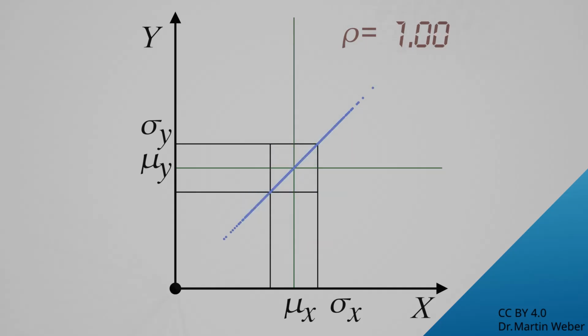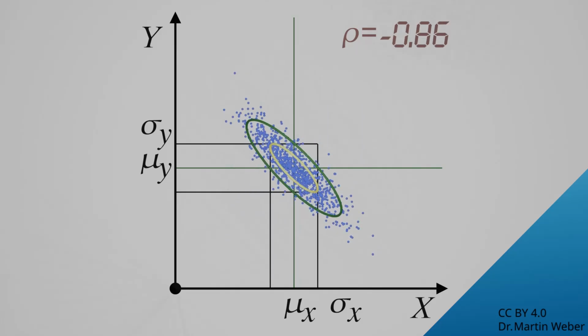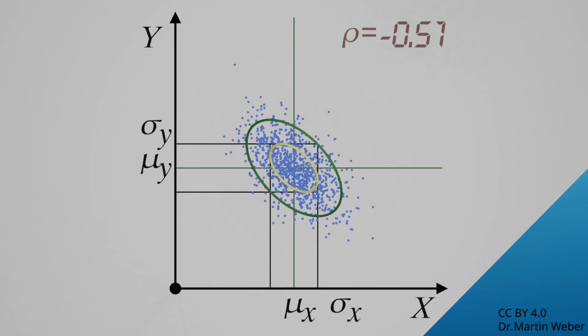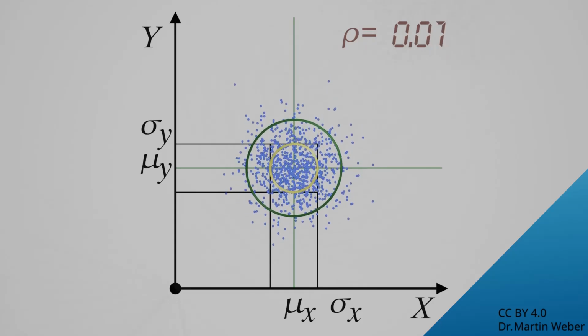If the value increases along the x direction, it also increases along the y direction. Note how smoothly the ellipse fits into the rectangle of the standard deviation. Also note that the standard deviations are independent of the correlation coefficient.